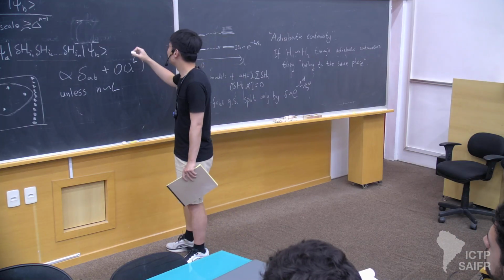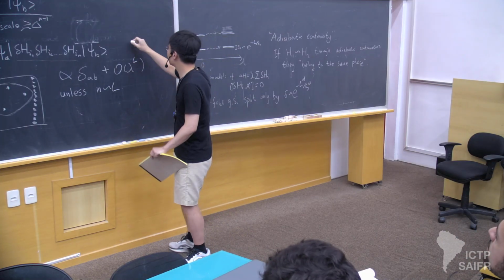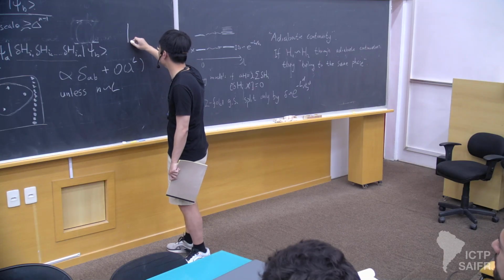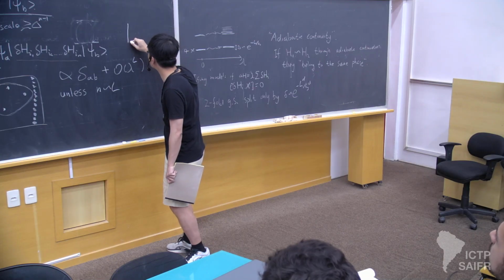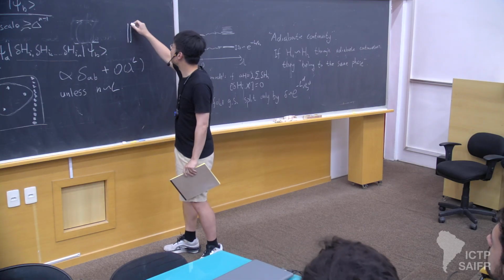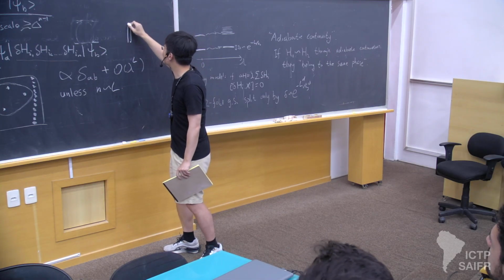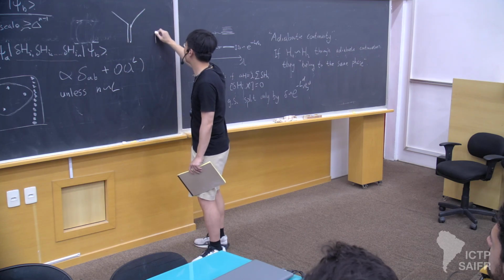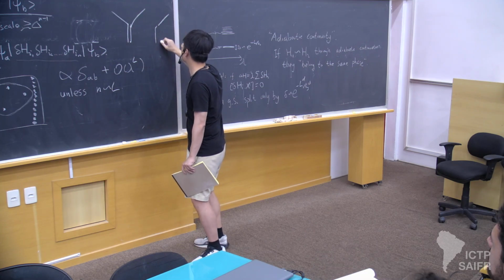Think about this process. Maybe this is another way to phrase things. Think about two operators moving side by side, and then at some point I want to compare this versus this.